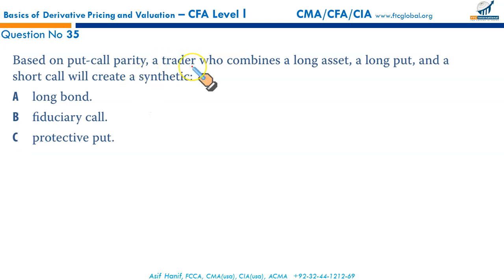Based on put-call parity, a trader who combines a long asset, a long put, and a short call will create a synthetic... Let me show you. Okay, here we go.